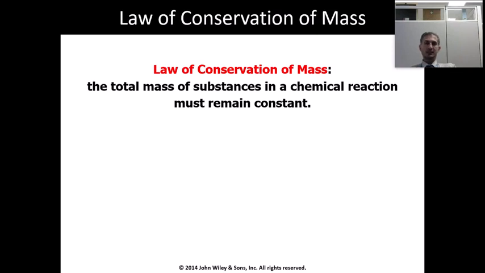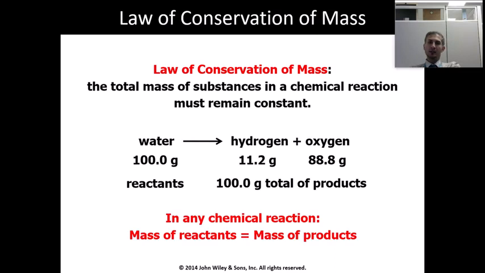In chemistry it's the same. If we start with hydrogen, at the end we still have hydrogen. If we have oxygen, it will be the same. We don't make any other element like gold or silver. So whenever we start, for example, with 100 grams of water as the initial chemical, we have at the end totally 100 grams for our reaction.